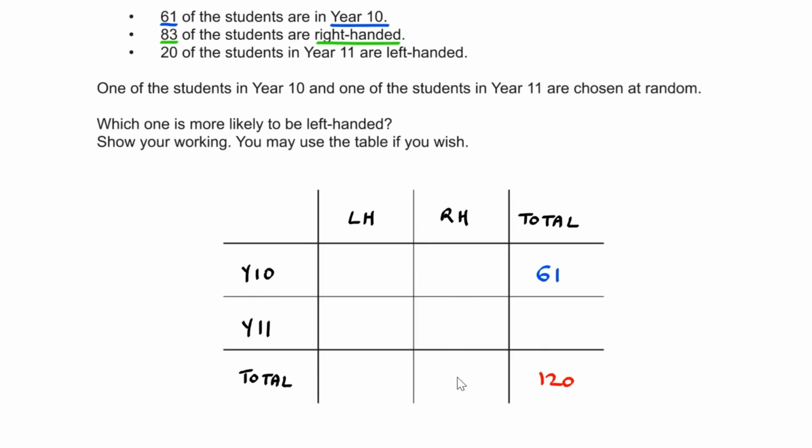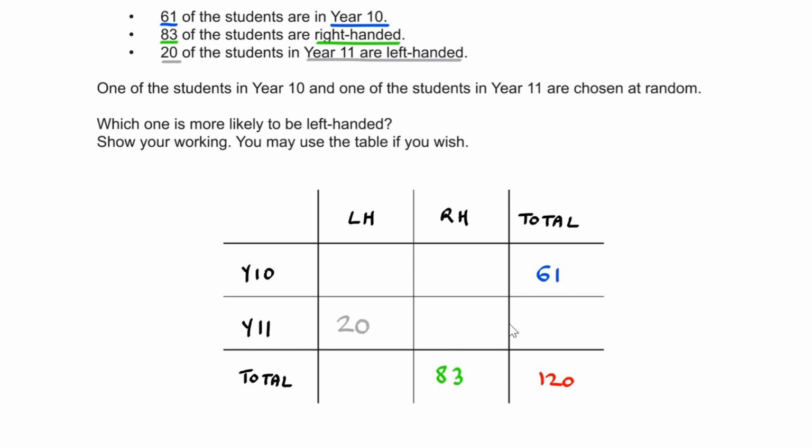So we've got 83 over here. And then we've got 20 students in Year 11 who are left-handed. So in Year 11, and those who are left-handed, we've got 20 over here.